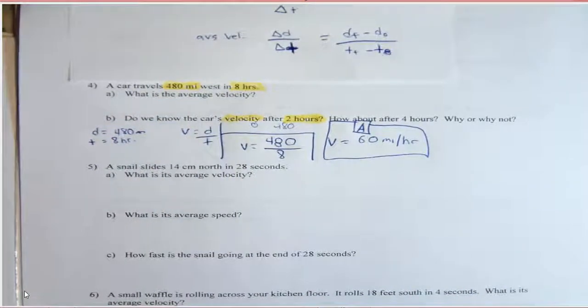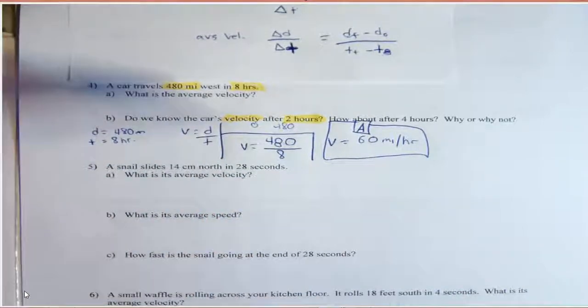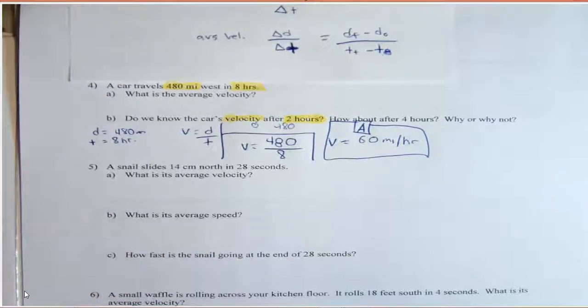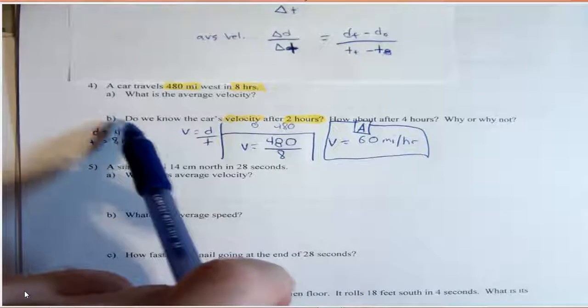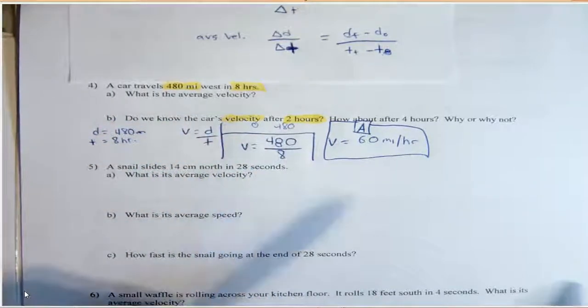Doesn't mean we know it was going X speed the entire time. We just know about how fast. The average in that 8-hour span was about 60 miles an hour. Okay? So when it's specifically saying, do we know the car's velocity in 2 hours? Well, no, we don't.